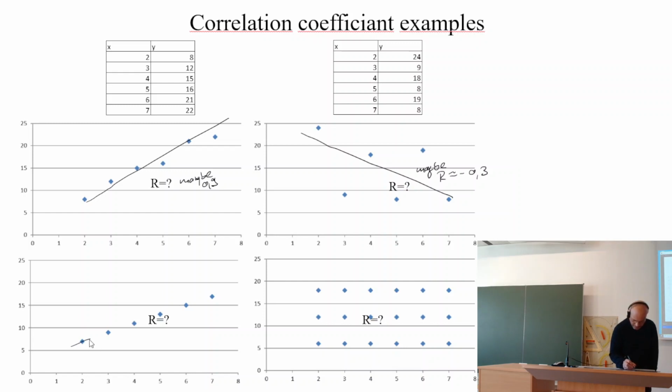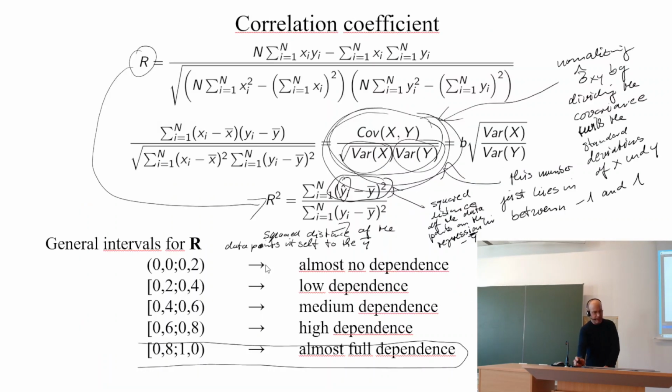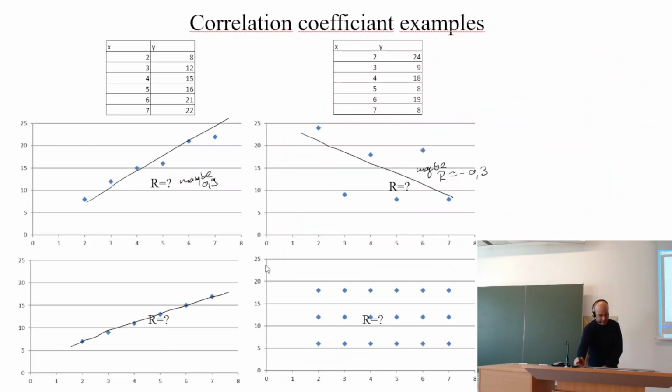Here I see I'm lying just on the line. What kind of R would I then have? If I have, from a descriptive point of view, a full dependence, what would be our correlation coefficient? Yes, definitely, here we will have 1.